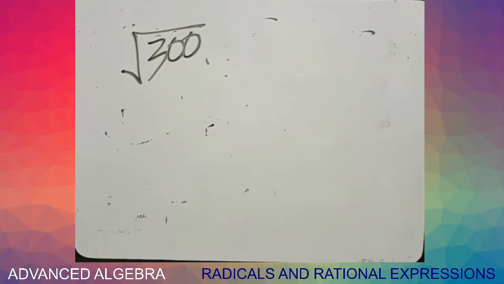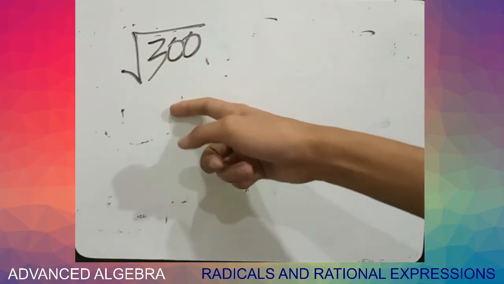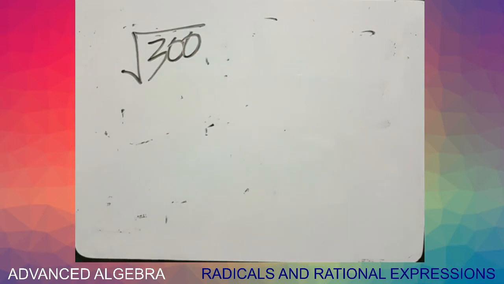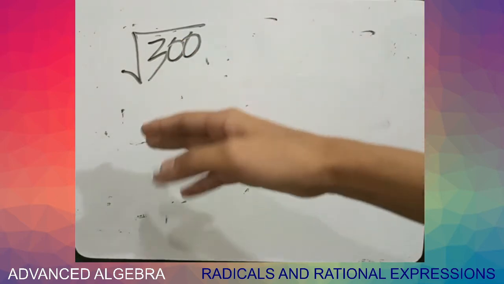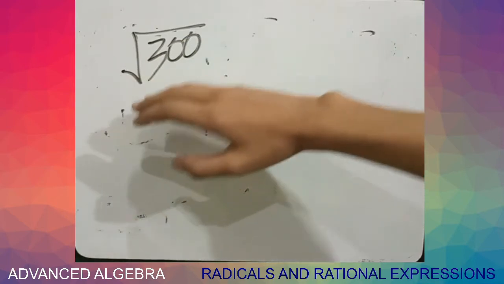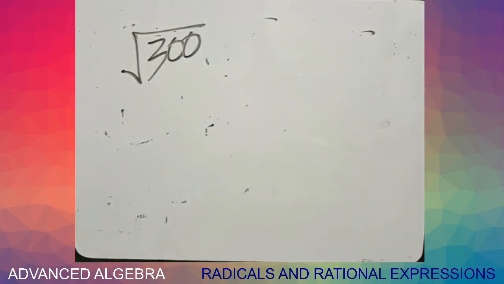Okay, so the square root of 300. So, hahanapin lang natin yung isang factor, yung perfect squared na lang ang kunin natin para makuha natin yung perfect square root. Kung perfect square root to si 300, yun ang gagawin natin. Pero dahil si 300 is not a perfect square root, hanapin natin yung factor niya na may perfect squared.